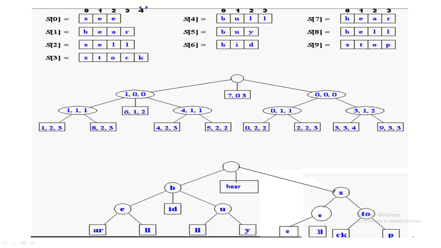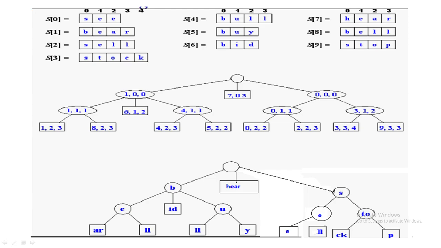And for LL, that is the 8th string, so 2 to 3, that's why 8 to 3. And BID is the 6th string, so the first one is the string index, and the second one is the starting and ending length. ID in this sense is 1 and 2. In this way, all those things are filled.